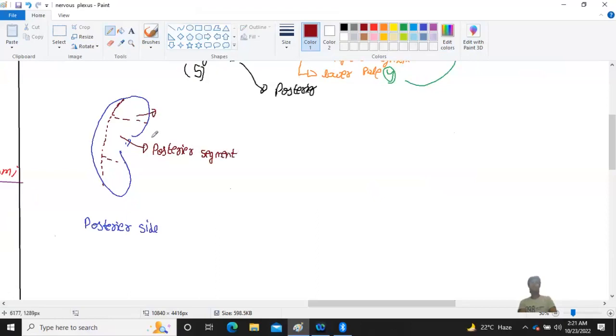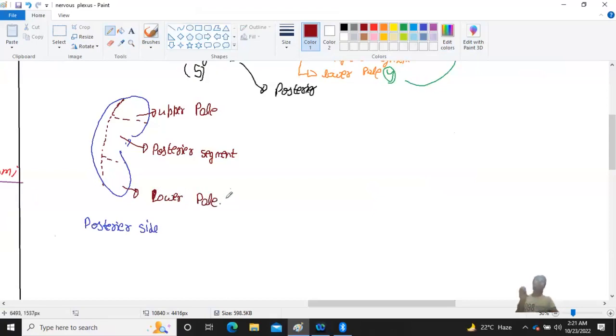This is the upper pole, which is contained on both sides. This is the lower pole.